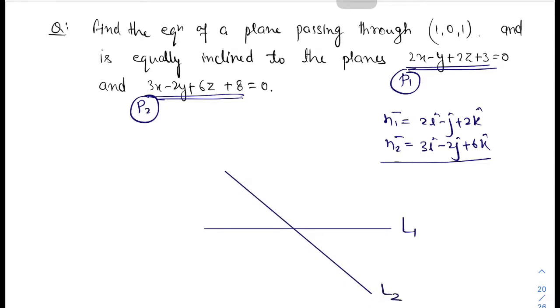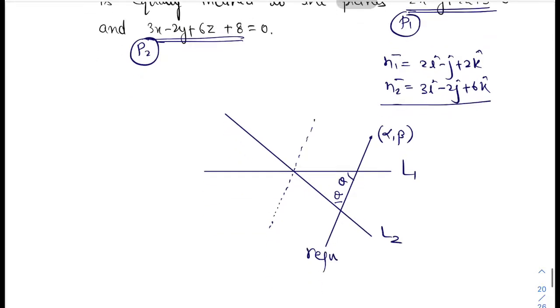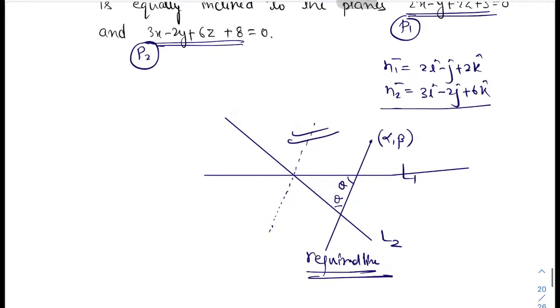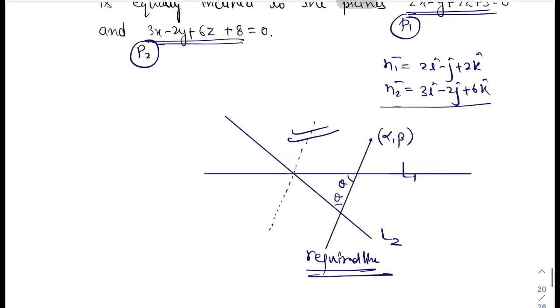If this is line 1 and this is line 2, and we are required to find the equation of a line which is passing through some point (alpha, beta) and equally inclined to the two given lines, then we can easily see, as we already did in our 11th class, that this required line must be parallel to the angle bisector. There will be two such lines. So this is line 1, this is line 2.